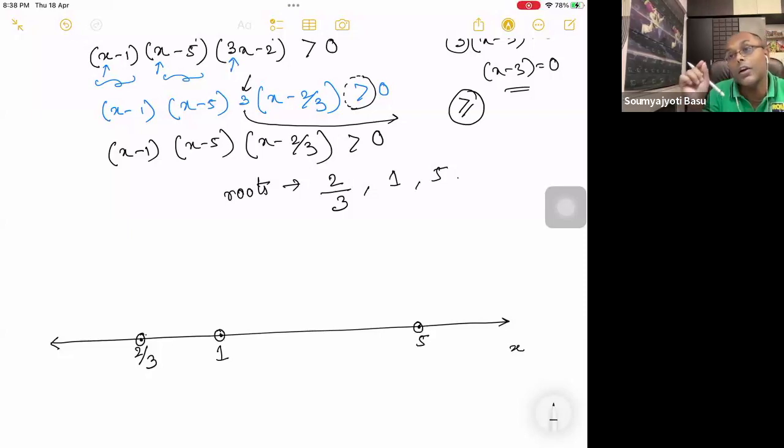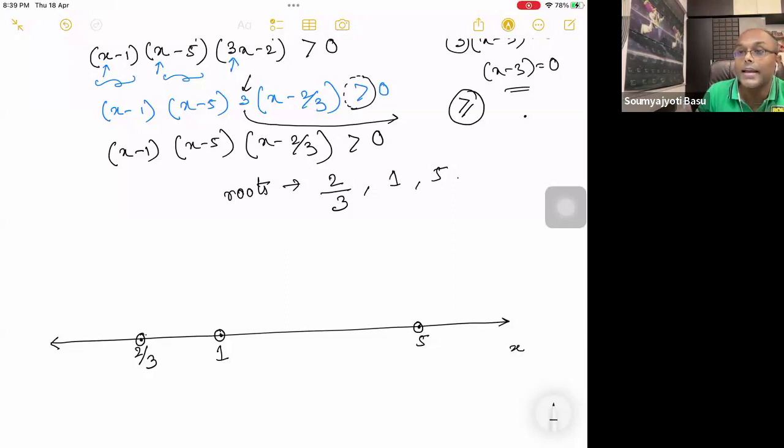If it is greater than or equal to, that means x can be equal to 2 by 3 or 1 or 5, then you would need to put a dot. You would solve problems on that. There may be cases in algebraic equations where the inequality is greater than equal to, but you cannot make the root equal. You get to understand when I solve a problem.